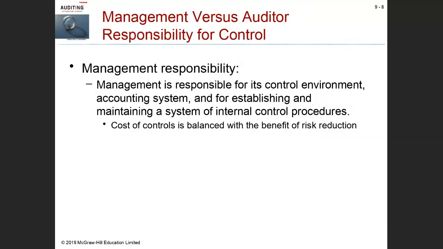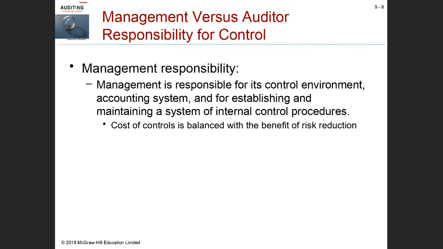Now we come back to an item that we've discussed before. We're discussing now the importance of internal control from a management perspective. And as many of you work in business organizations, you'll see how important internal control is. But who is responsible for internal control? Again, it's management. It's not the auditor. The auditor is only responsible for rendering an opinion on the financial statements.